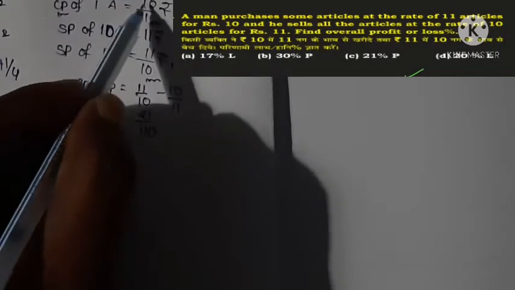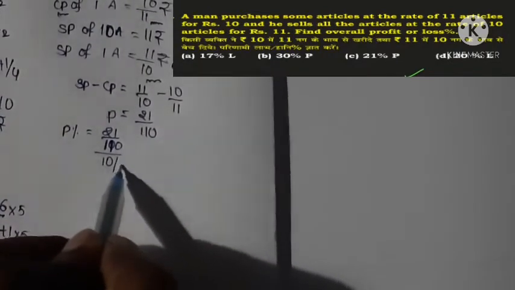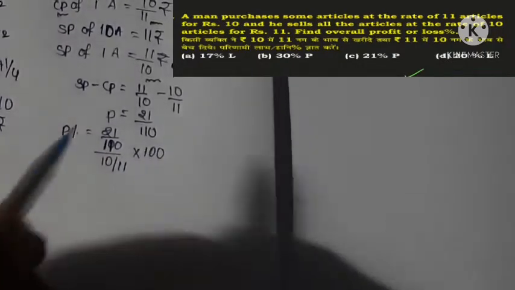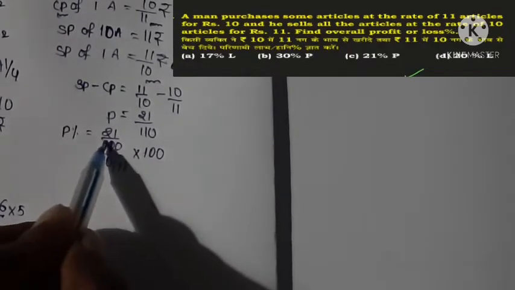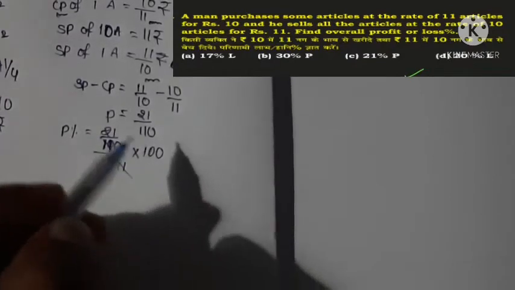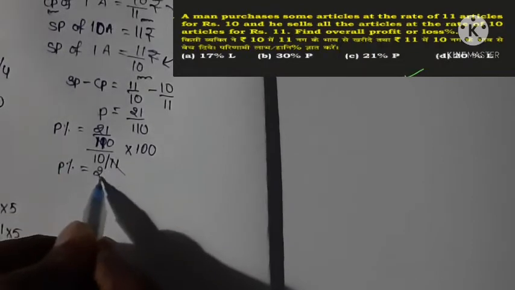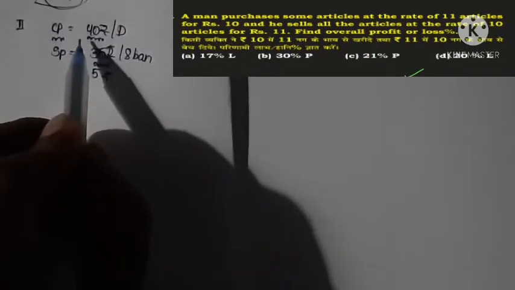The cost price is 10 by 11. So divide by 10 by 11, into 100. So 11 cancels, 21 by 100. So 100 cancels. So the profit percentage is equal to 21%.